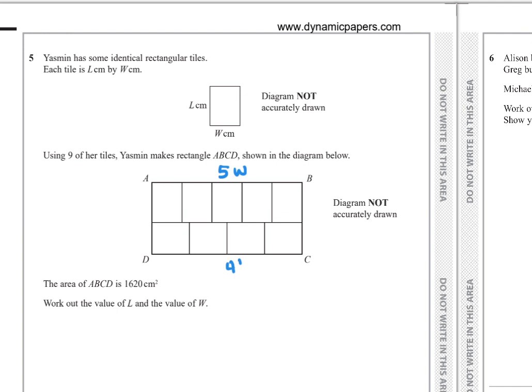So the opposite side is 4L. The opposite sides in the rectangle are equal, so you can deduce that 4L equals 5W. And if you divide by 4, L equals 5 over 4 W. So this is the first equation.